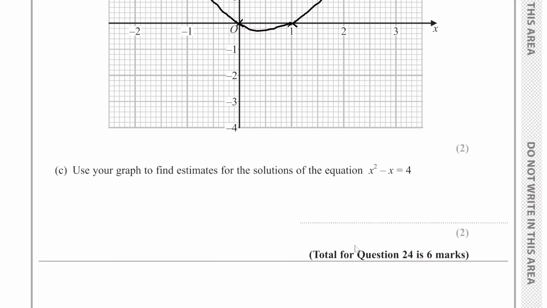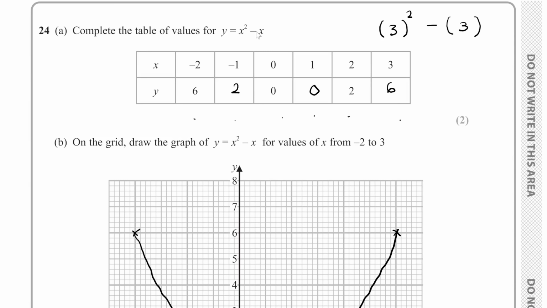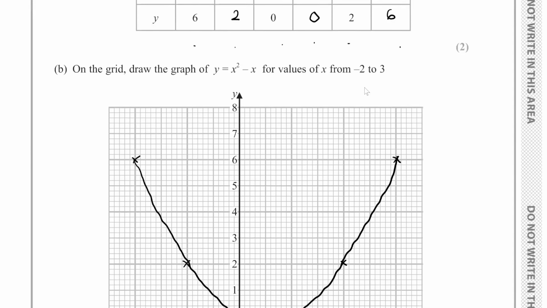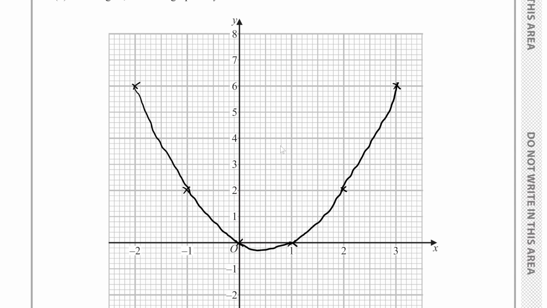Use your graph to find estimates for the solutions of the equation x squared minus x is equal to 4. So where is x squared minus x going to be equal to 4? It's going to be somewhere between 2 and 3, where it's equal to 4. If we draw a straight line along where y equals 4, we get 2 intersections, here and here.